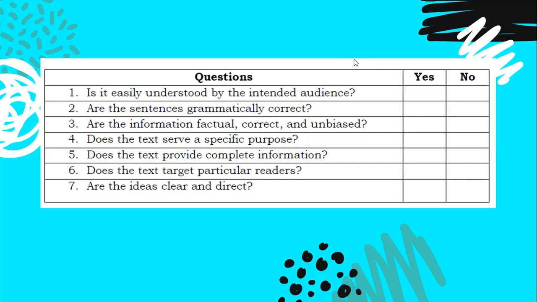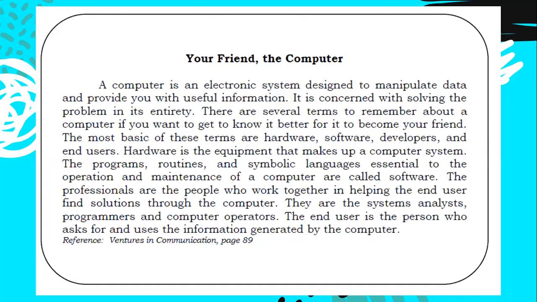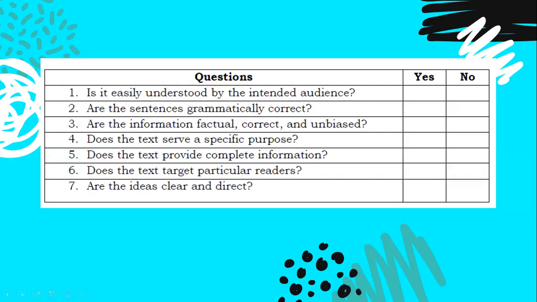What kind of readers are we referring to? Are we referring to adults, to children, to babies? People who don't know about the topic. So these are people whom you want to convince that the computer is a friend. Yes po. Okay, so it is easily understood according to everyone.